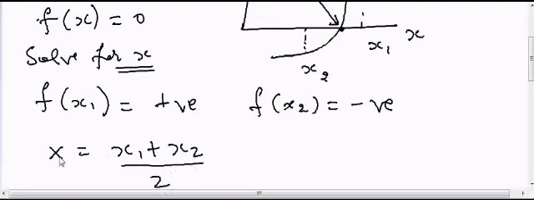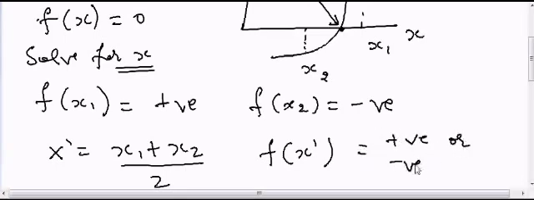So I will calculate, let me call it, f of x dash, and then if it is positive or negative, I can go from there to the next approximation and try to go as close to this point as possible.